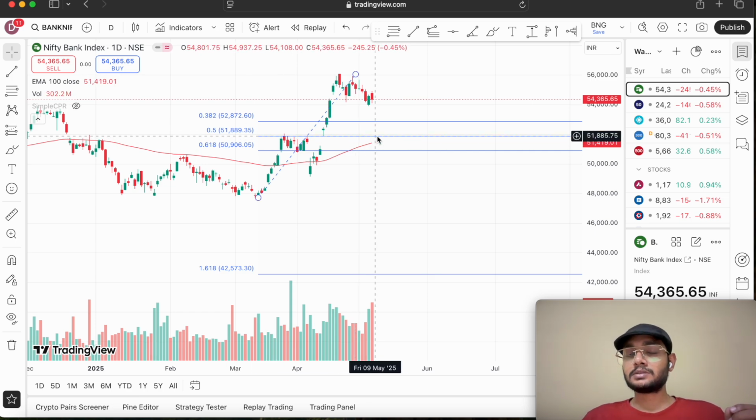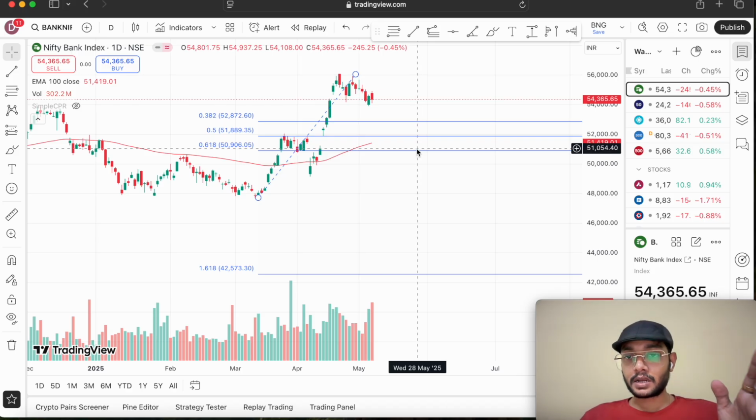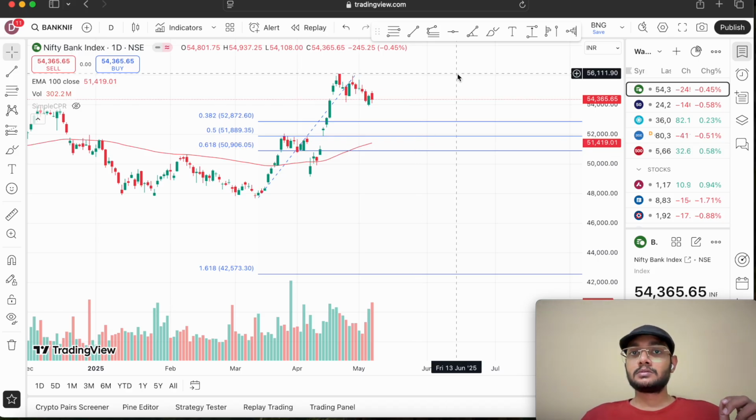Sometimes it may just touch this and bounce back, but there is a high probability that it will come inside this zone. This is the golden zone. It comes inside this zone and then reverses.